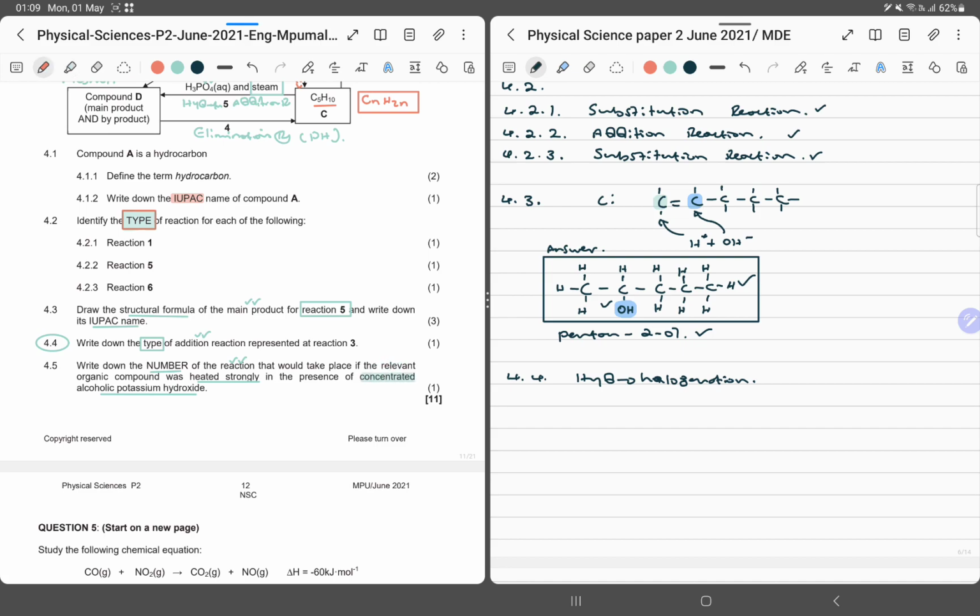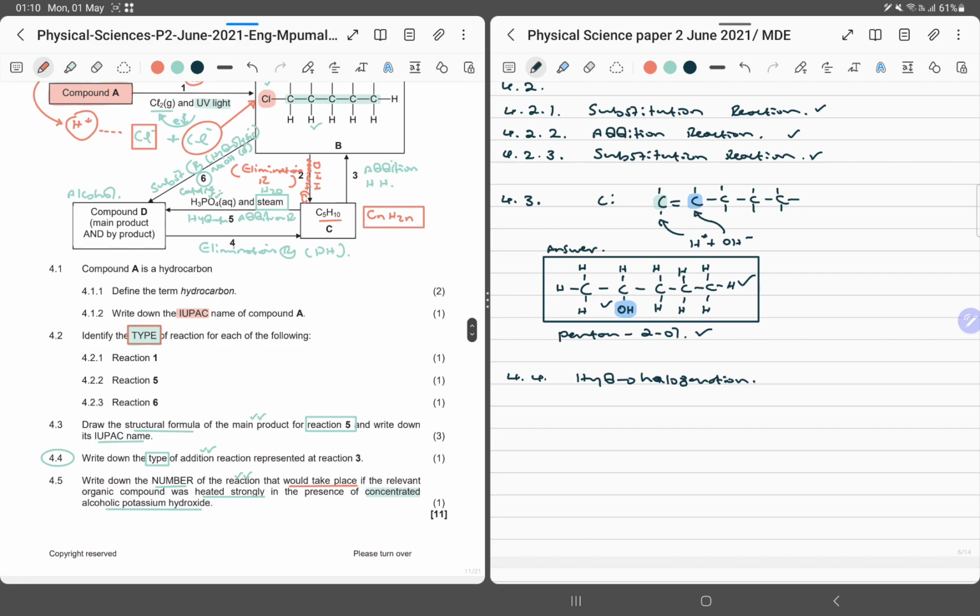Once we see concentrated, we look for an elimination reaction, okay?